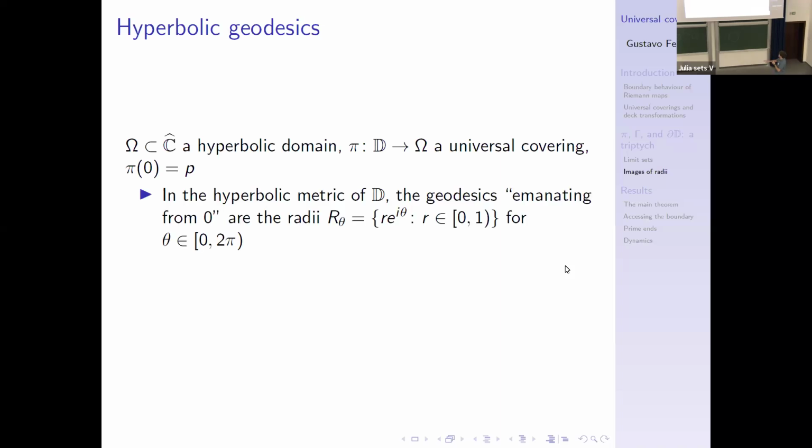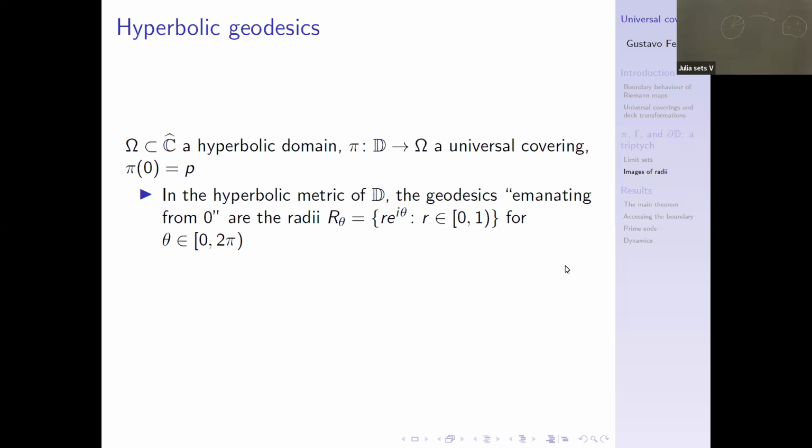And in the hyperbolic metric of the disk, the hyperbolic geodesics that are emanating from 0 are going to be the radii, right? So in this example, let's say that this is the origin, right? And the geodesics are going to be things like this, right? So spokes on a wheel, basically.